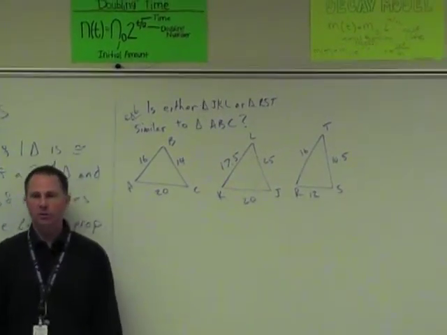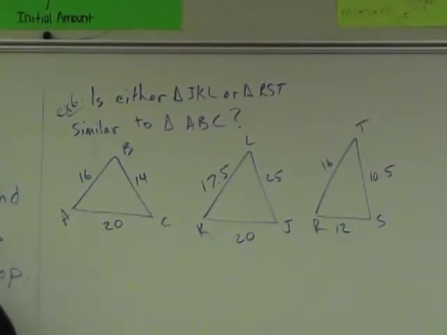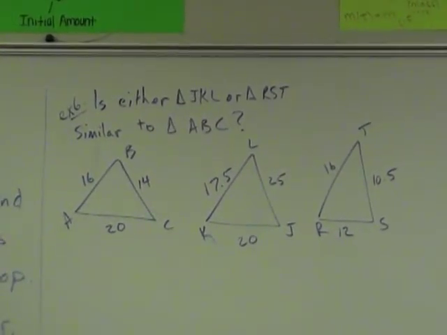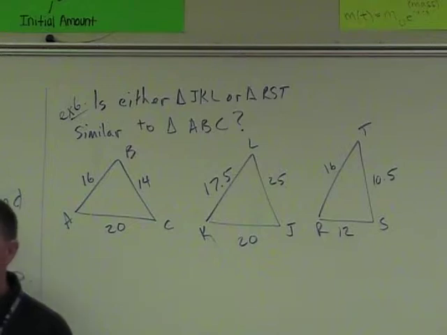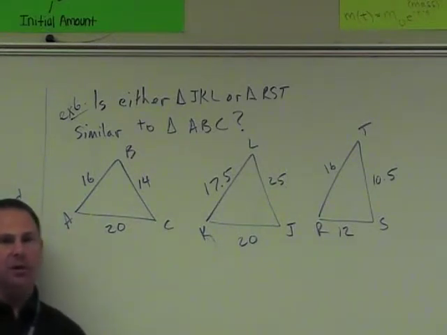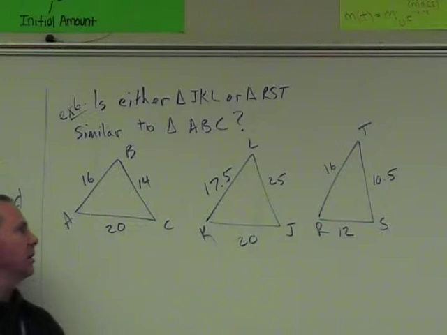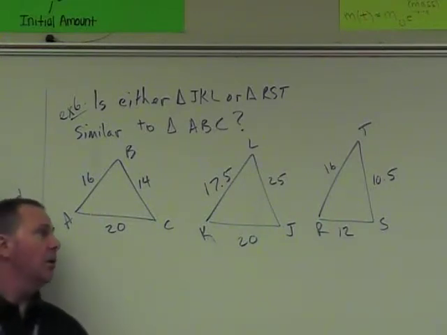So you must use what you know to show which one is similar to ABC. How would you go about doing it? Since you don't have an angle, you're going to use side, side, side, which means you got to do exactly what we did there. Everybody do that quickly. Set up all three sides to be proportional either to JKL or RST.